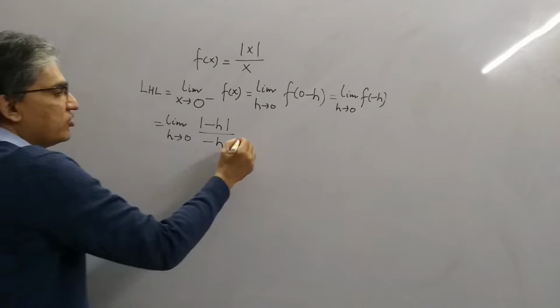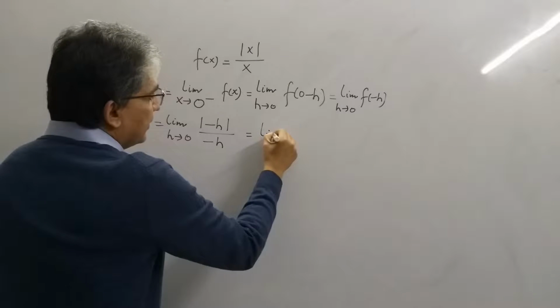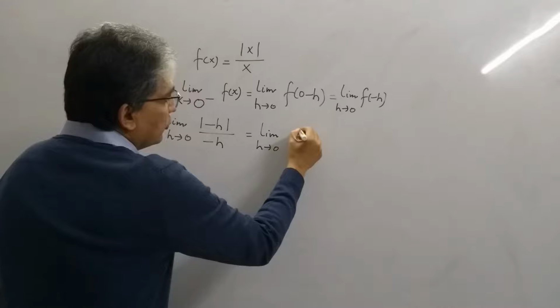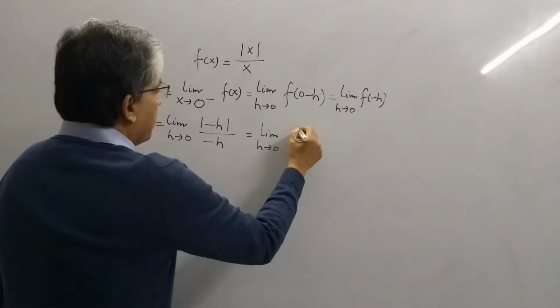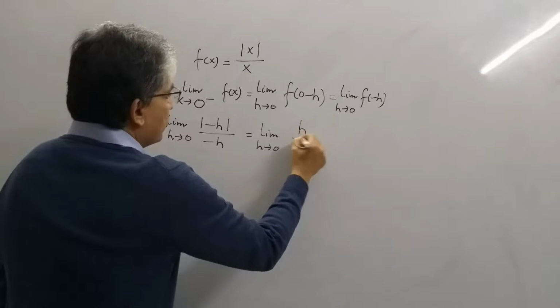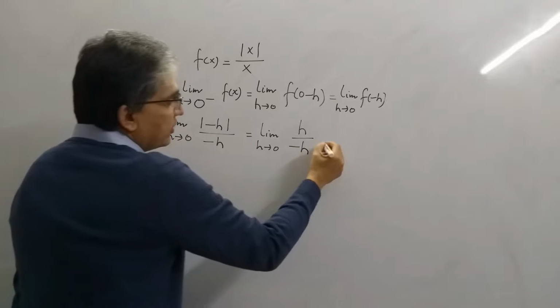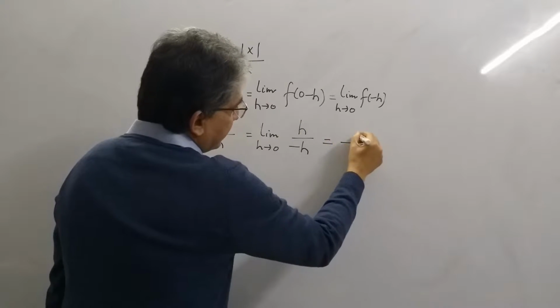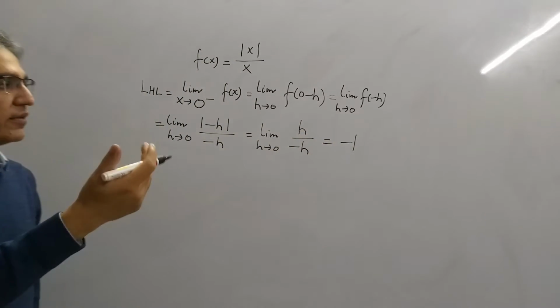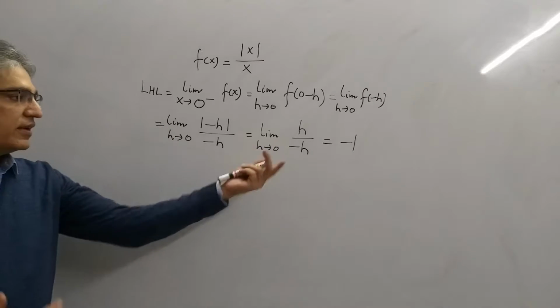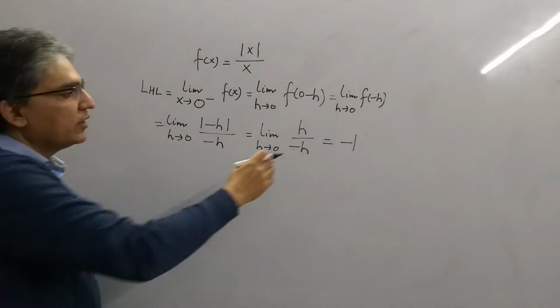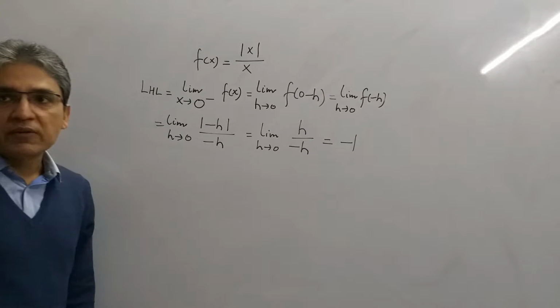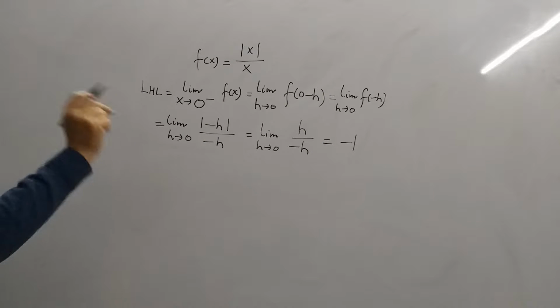You know, this is h, so this is limit h tends to 0 h upon minus h. So h's cancel and this is minus 1 because h is out of the picture. This is just left with a numerical value, that is minus 1. So the left hand limit is minus 1.